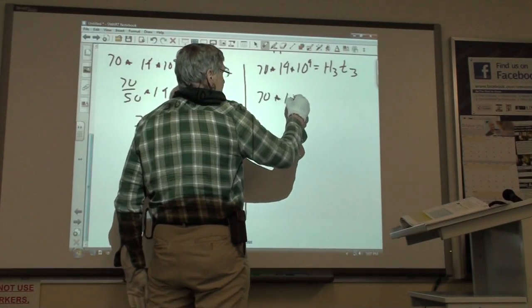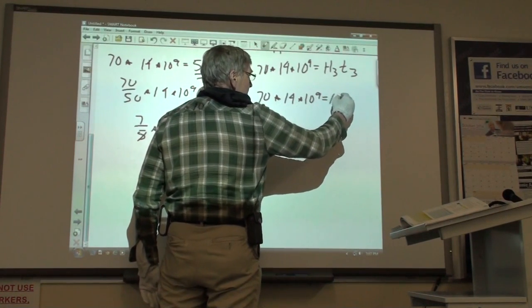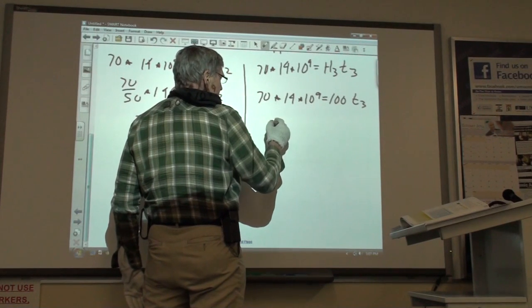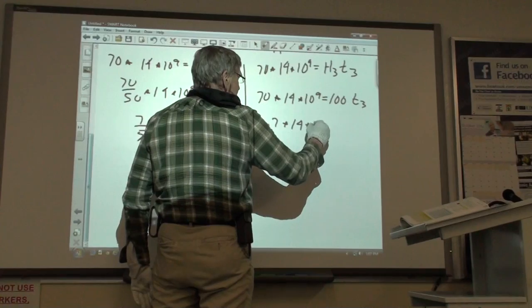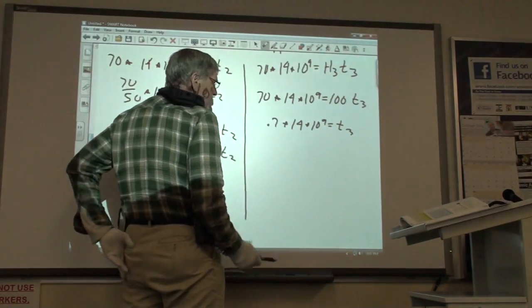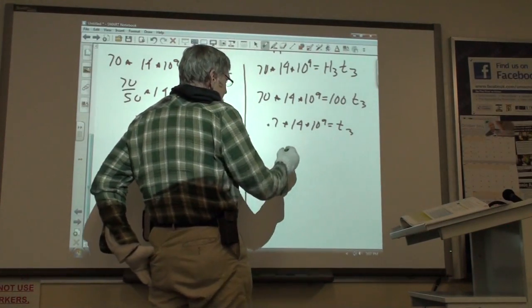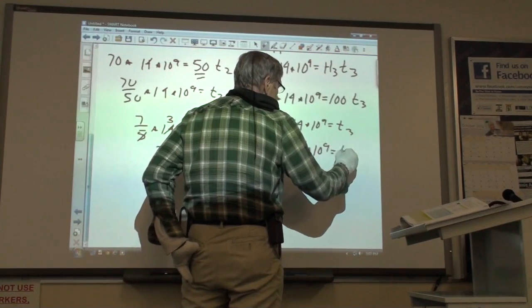So 70 times 14 times 10 to the 9th, and the value we want to assume now is 100, times t3. We divide both sides by 100, and we get 0.7 times 14 times 10 to the 9th is equal to our new time. And 0.7 times 14, 4 sevens are 28, is 9.8. So 9.8 times 10 to the 9th is our new time.